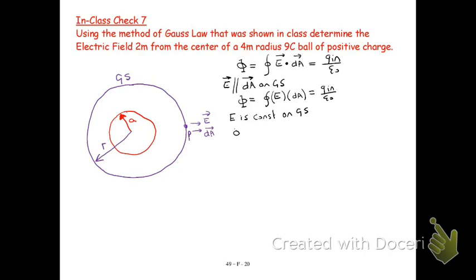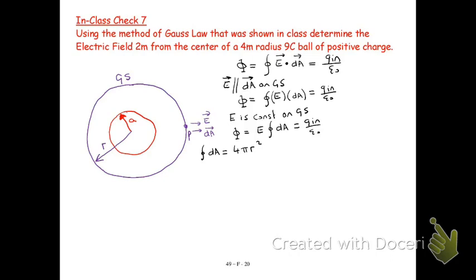So now I say my flux is equal to E times the surface integral of dA, which equals Q inside over epsilon naught. This is getting so boring because it's what we did last time. The integral of dA is equal to 4 pi r squared, and it is r. Let's just stop for a minute.